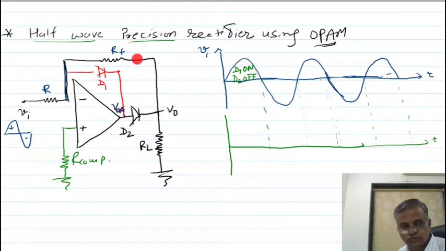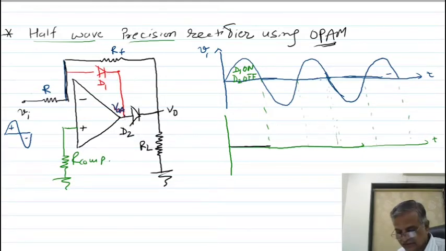Current does not flow through RF. You will not get any voltage drop across RL, so my output is 0 during the positive half. During the positive half of the input cycle, diode D1 will conduct.